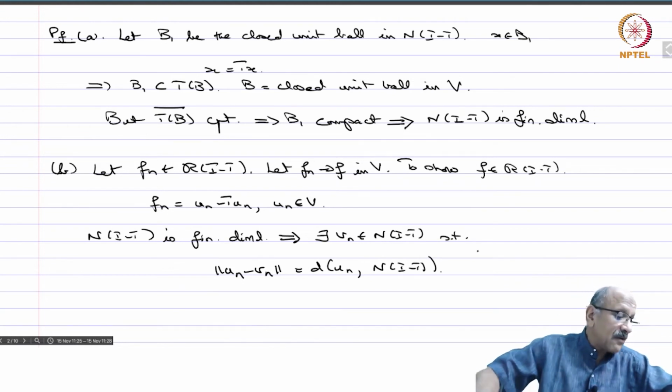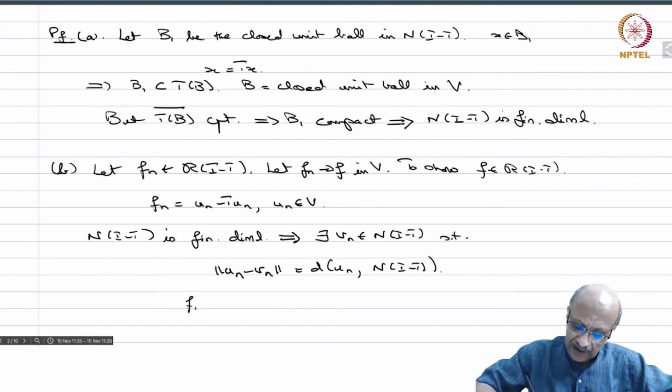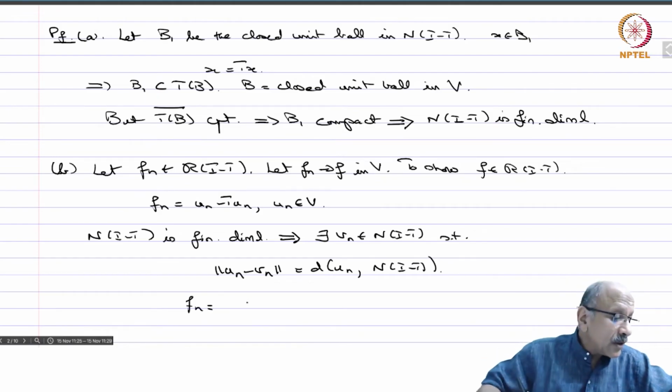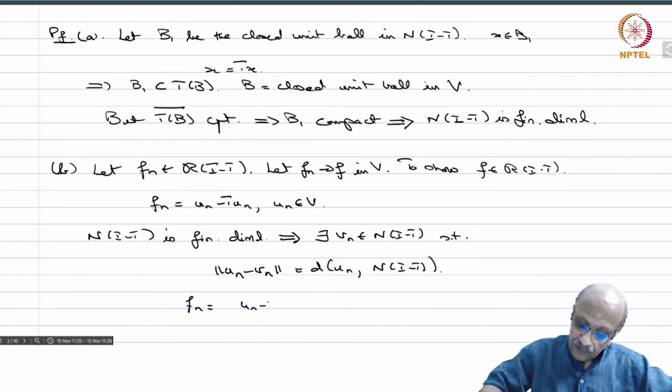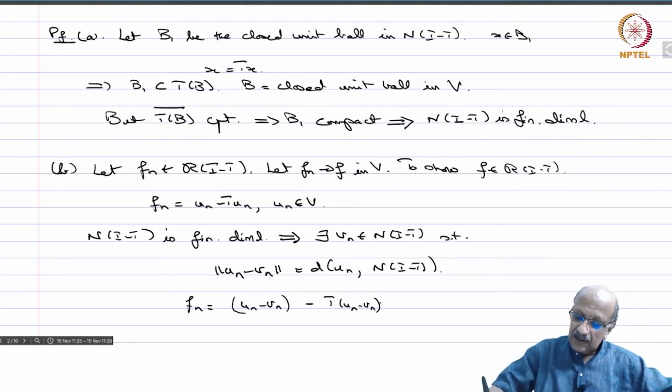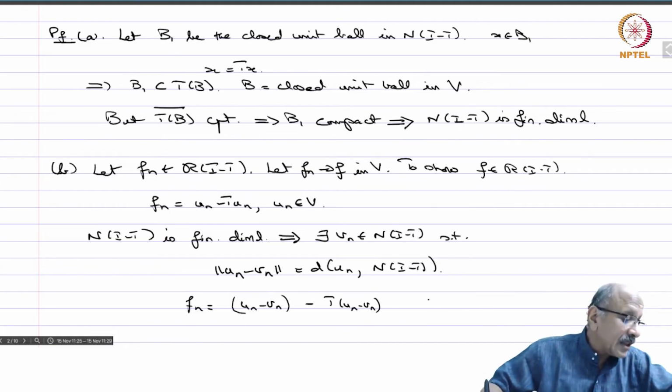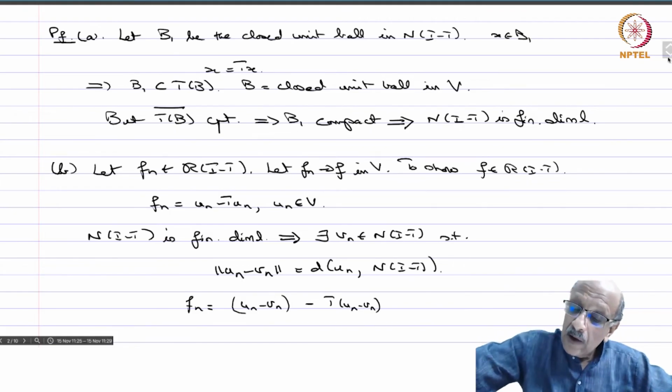Okay, so you can have this, and therefore we can write Fn as un minus Vn minus T of un minus Vn, because un minus T vn is 0, so I am just adding 0 to this, so there is nothing more. Now we are going to make a claim.